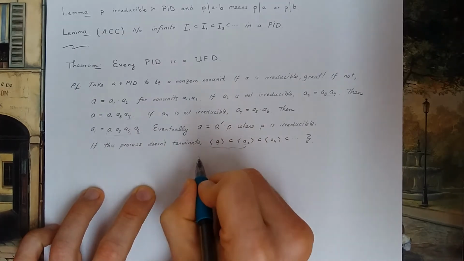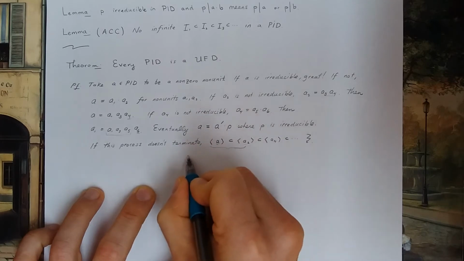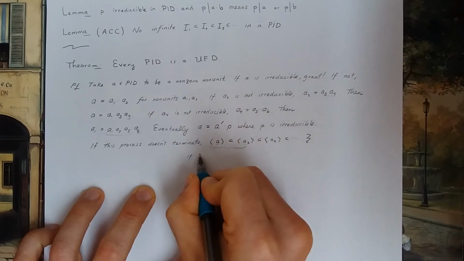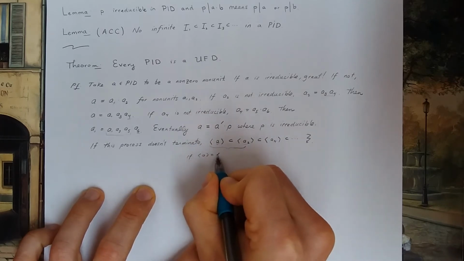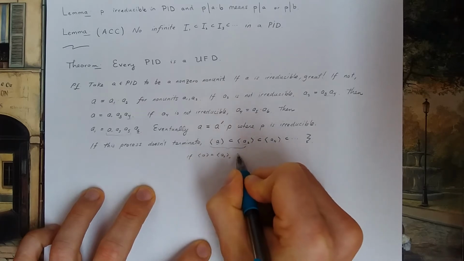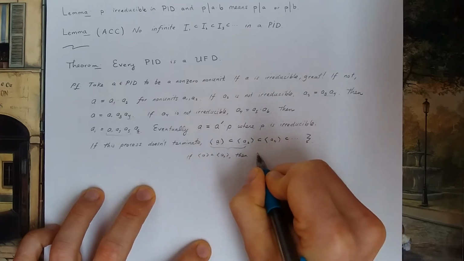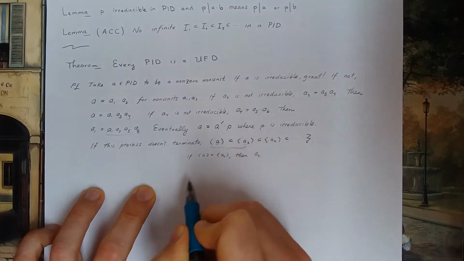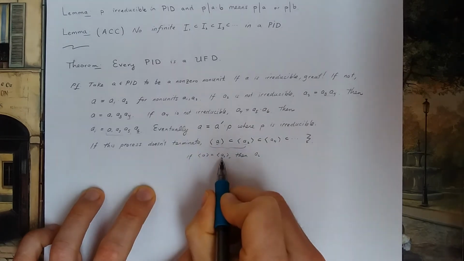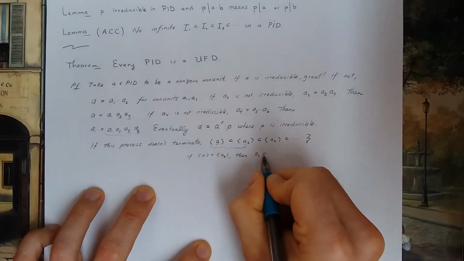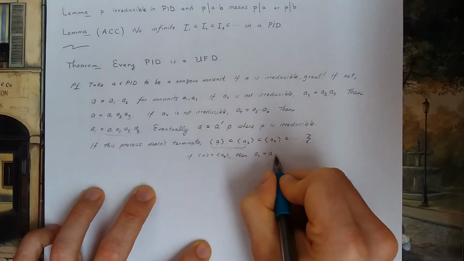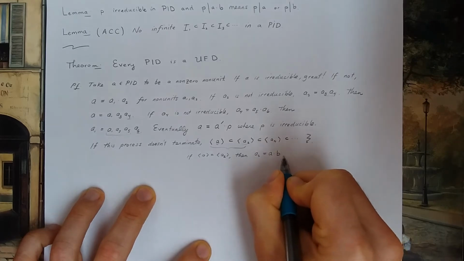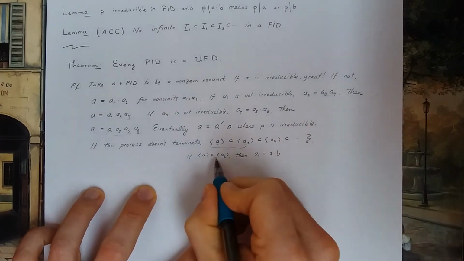Well, let's say that I do get equality, these ideals are actually the same, then that would mean that A2 was in the ideal generated by A1. So A2 could be written as A times some B, if the ideals were equal.